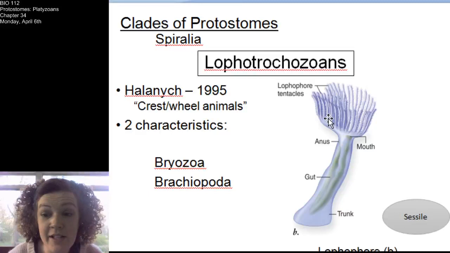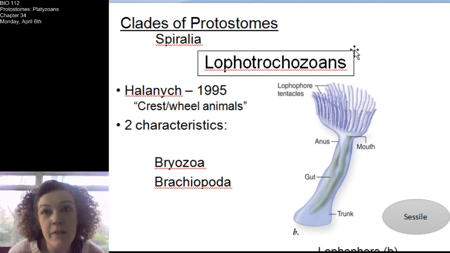And their larvae are sessile, and these are the tentacles around the lophophore, but the lophophore is the feeding structure associated with these animals. And so they're called Lophotrochozoans because it describes either a larval stage or a structure in the animals of each of the phyla found within this group.